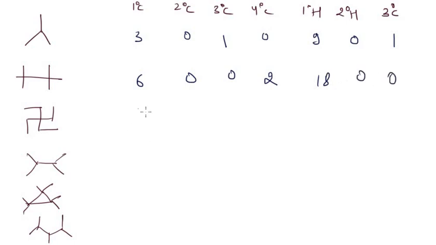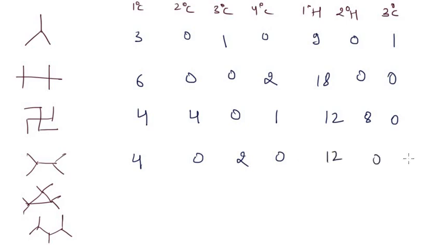Now here we have 4, 4, 0, 1 and 12, and now how many 2 degree hydrogen? 8 and 0. Now 6 3 is 18, 0, 0.